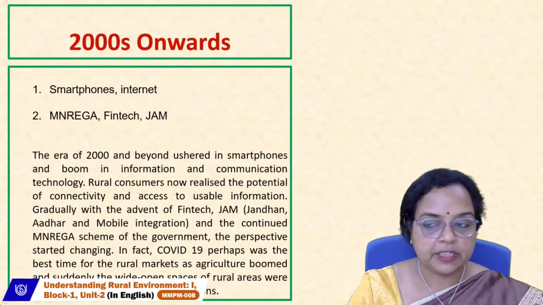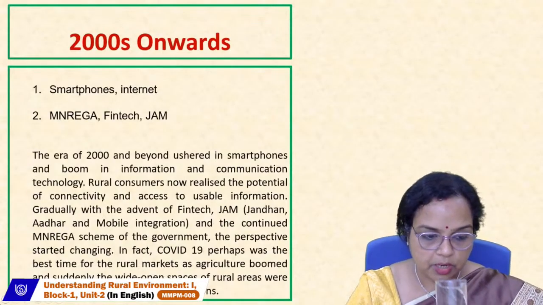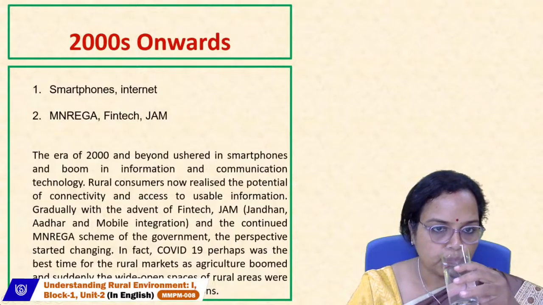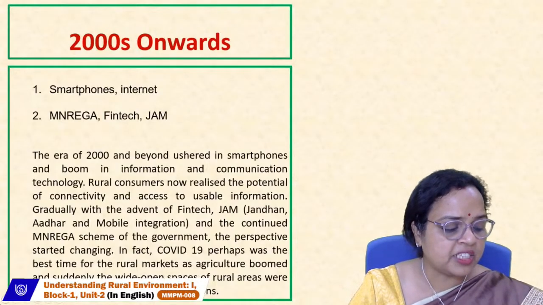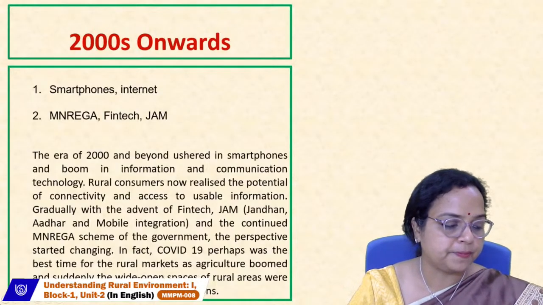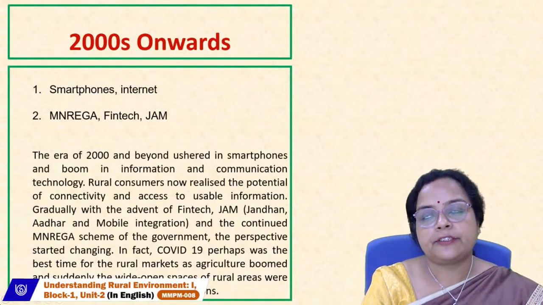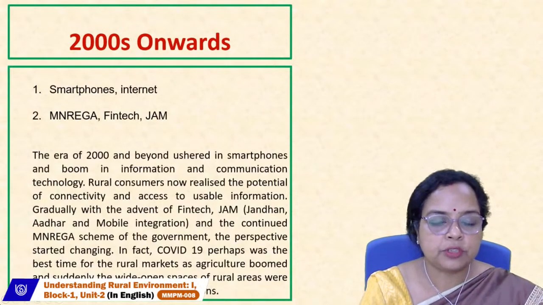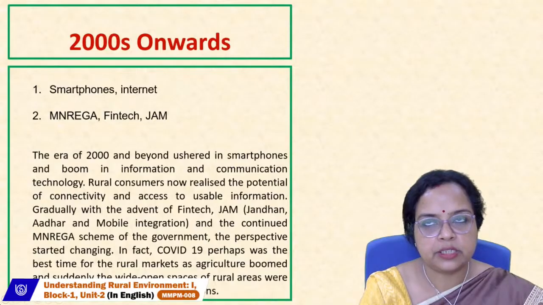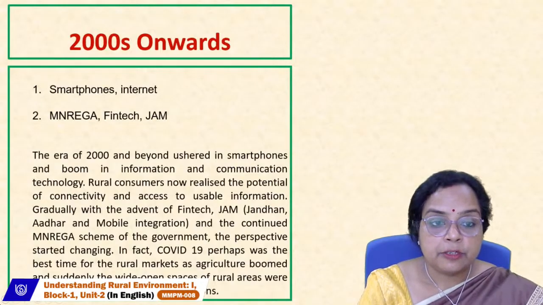After that, we are in the era of 2000. It was largely marked by smartphones and the internet. Before smartphones, during the era of 2000, let's say 10 years back, the internet was established.